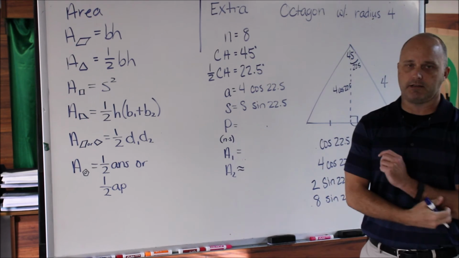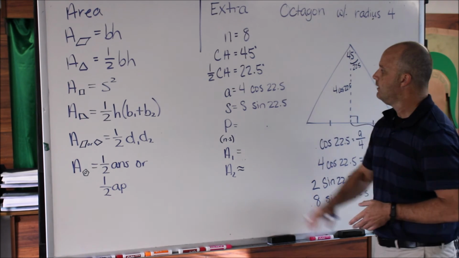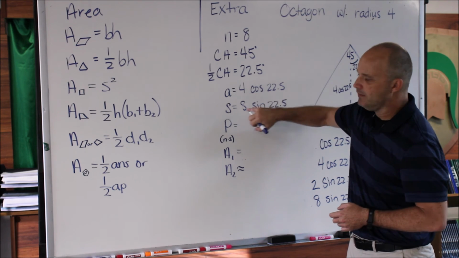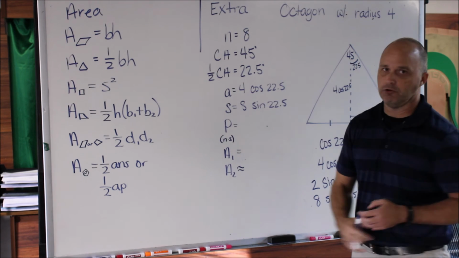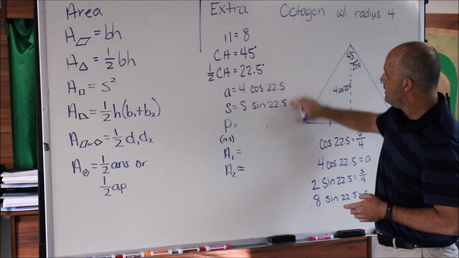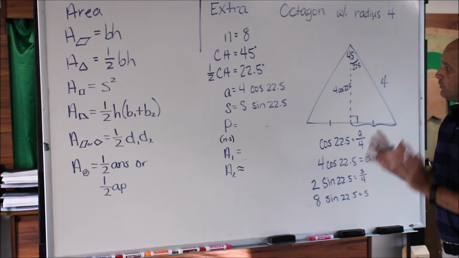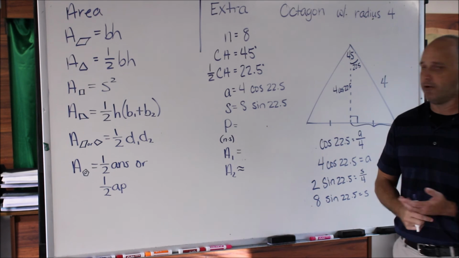If you did this correctly, here's how this should work. If you're dealing with sines and cosines, then the coefficient on the side should be twice what the coefficient was on the apothem, if you're using the same angles.